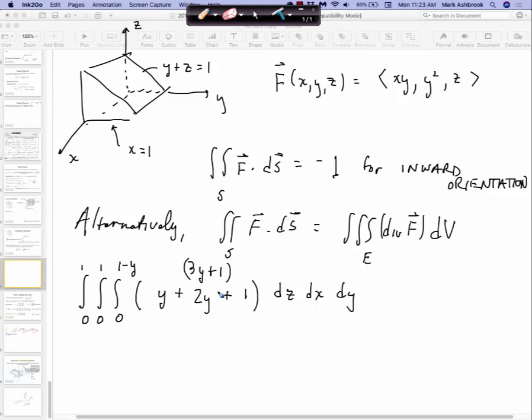What do we get? It's going to be 3yz plus z from 0 to 1 minus y. Is that right?